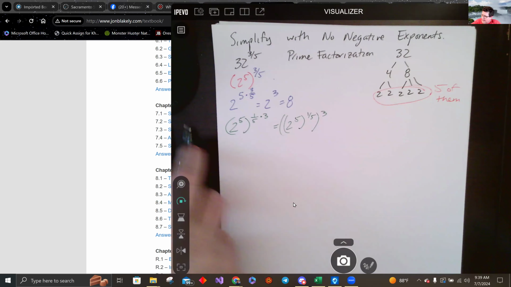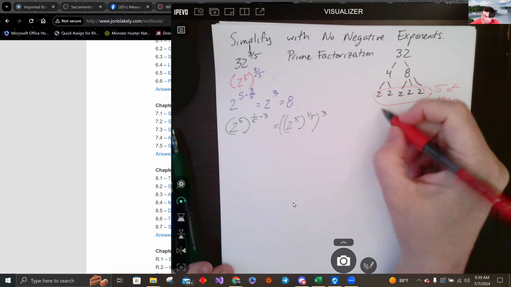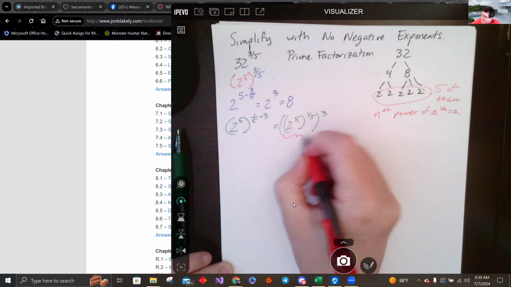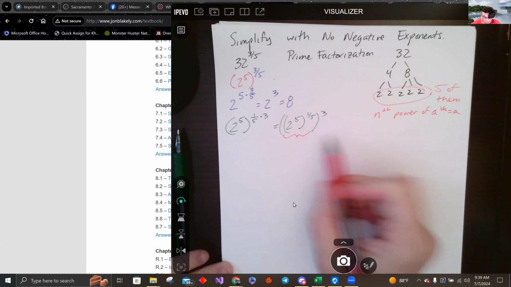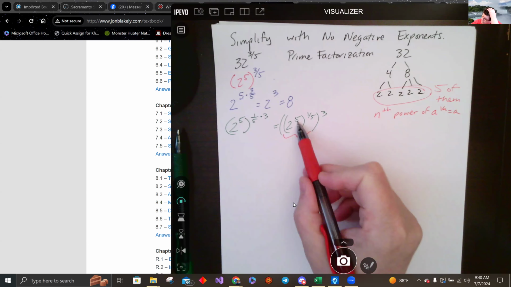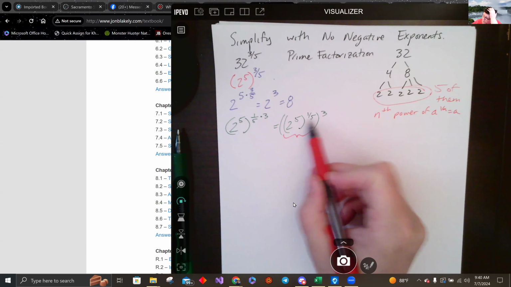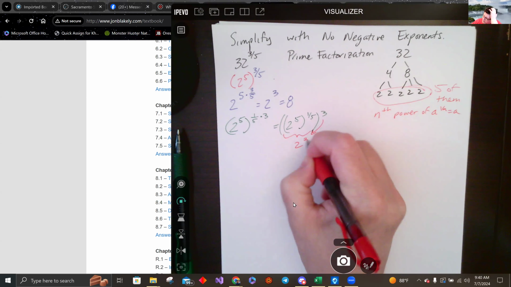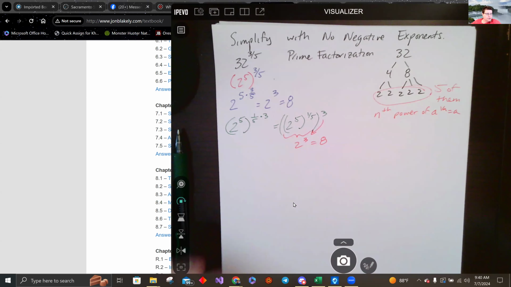And we're using that the nth power of a to the 1 over n is a. 5 and the 1 over 5 are interchangeable. This just becomes 2. And then the cube comes down and we still get 8. There's a couple ways to do that.